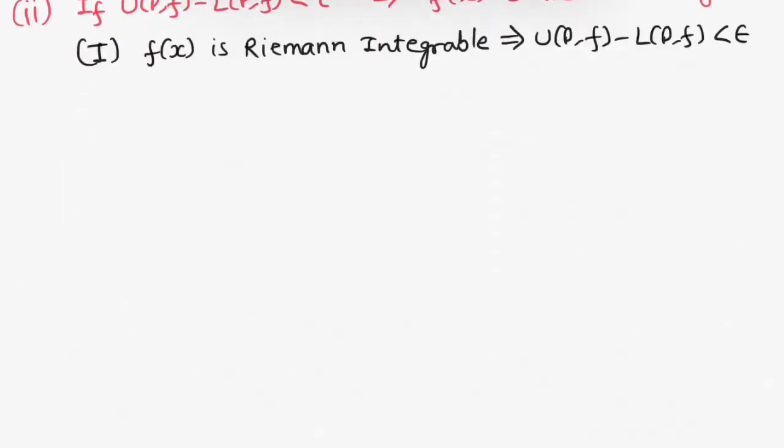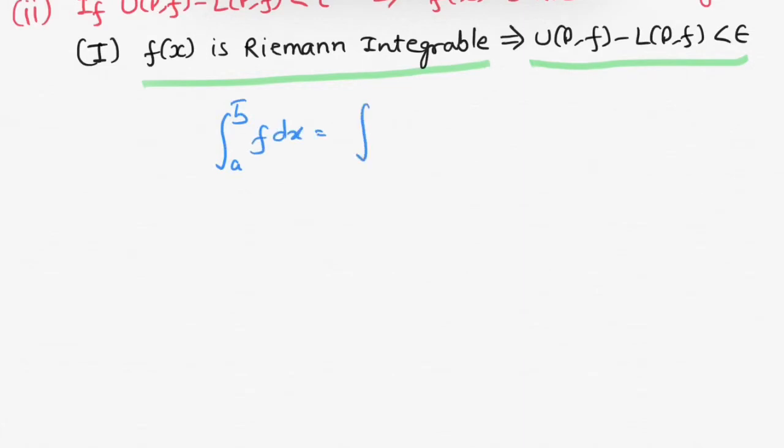We are given here f(x) is Riemann integrable and we have to show that U(P,f) minus L(P,f) is less than epsilon. Since it is given that the function is Riemann integrable, from the condition of integrability, the upper Riemann integral will be equal to the lower Riemann integral, and this equals the integral from a to b of f dx.